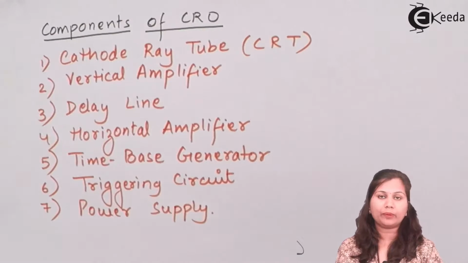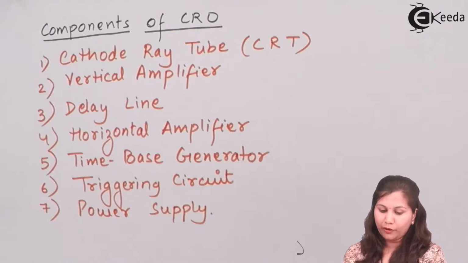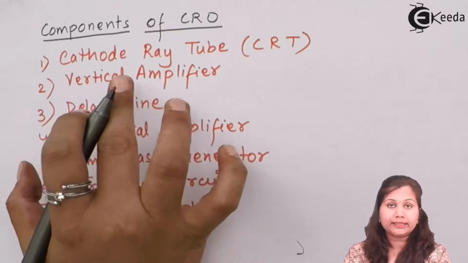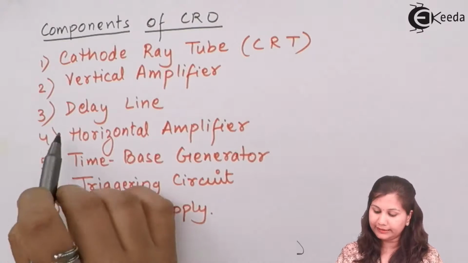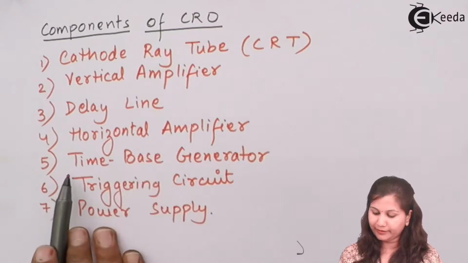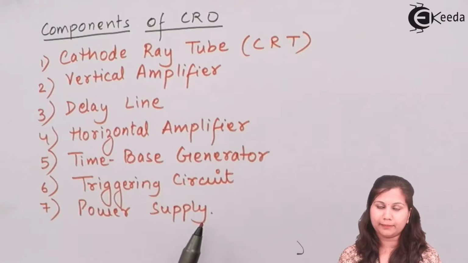So these are the 7 components of the cathode ray oscilloscope. First is the CRT, that is cathode ray tube. Then we have the vertical amplifier, delay line, horizontal amplifier, time-base generator, triggering circuit and power supply.